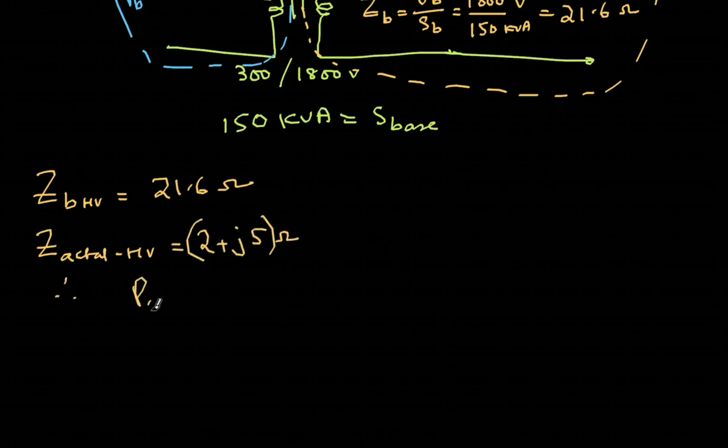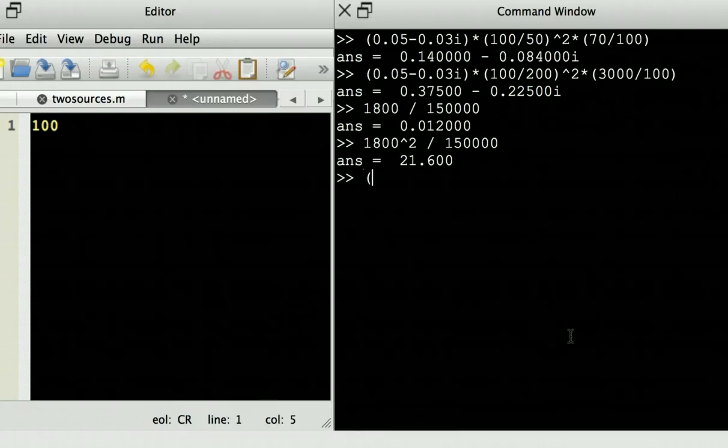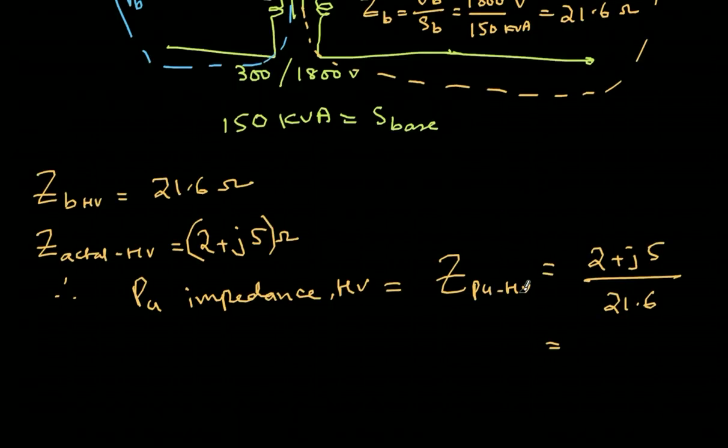Therefore, the per unit impedance of the transformer referred to the HV side, let me say Z_PU dash HV, will be 2 plus j5 divided by 21.6. So I'm getting 0.092.